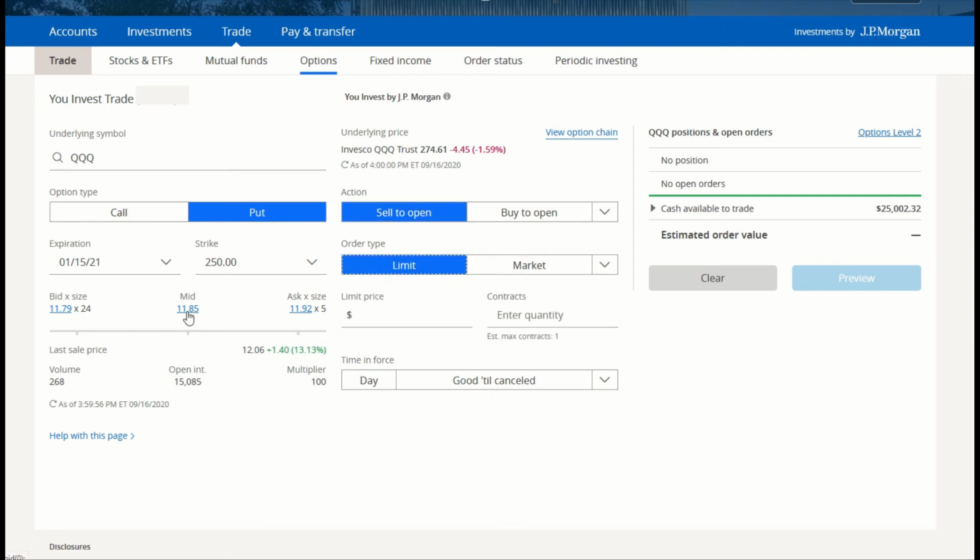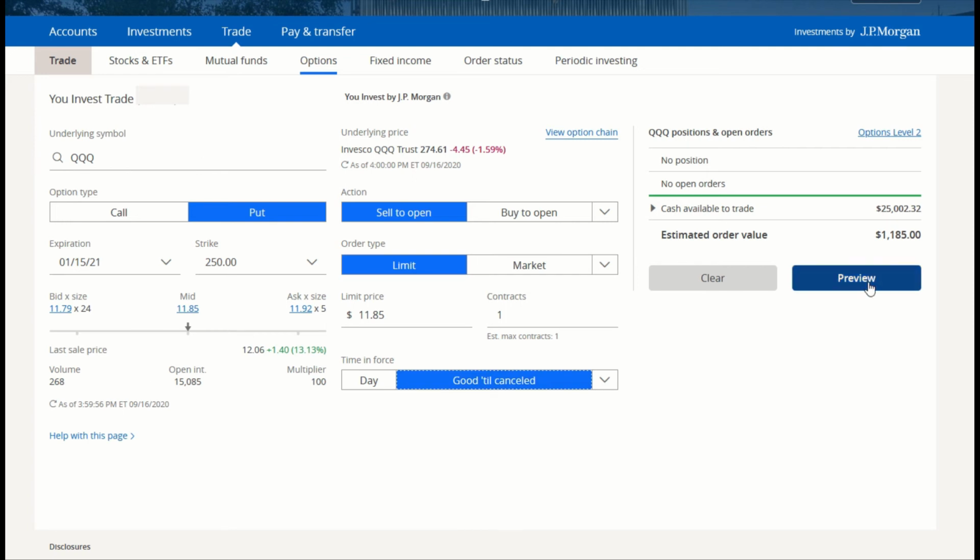We will go with the mid price, so $11.85 per share. We're gonna go with one contract because that's all the cash I have for this trade. So $11.85 per share, and there are 100 shares per contract. So that would give me $1,185. And time in force, let's say good till canceled.